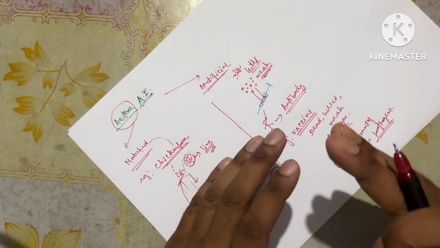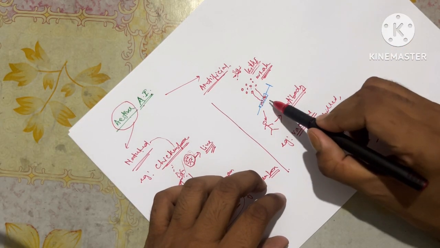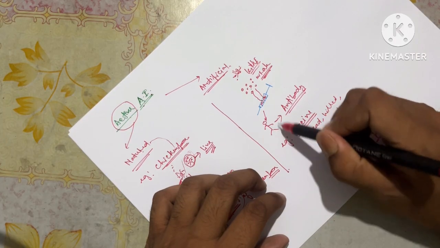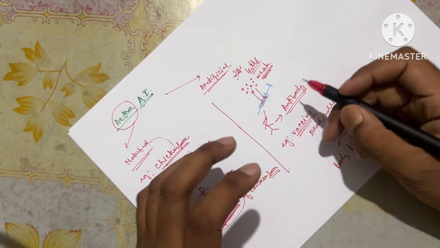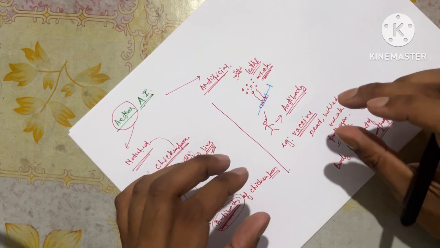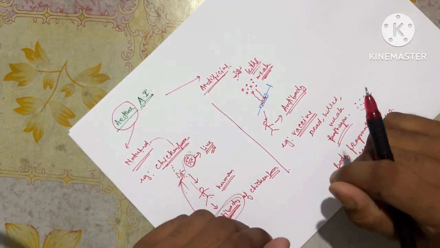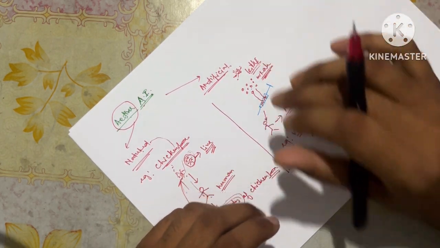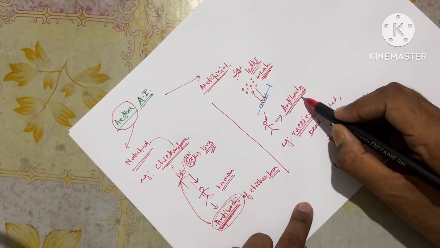We kill it, make it into small pieces, put it inside the injection, and then put it inside the human body. Then the human body will easily recognize that these are the body fragments of that bacteria or pathogen, and will ultimately make the antibodies.